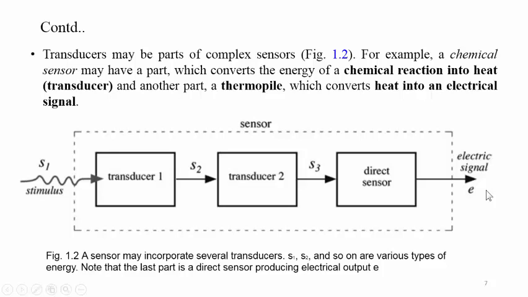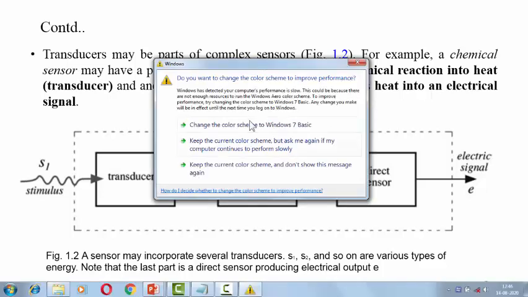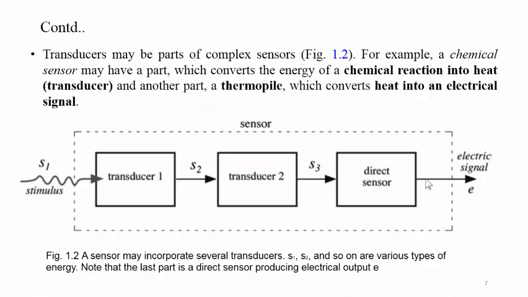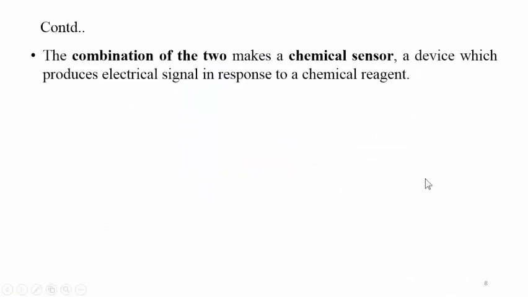So a sensor may incorporate several transducers S1, S2, S3 up to n, for various types of energy. And usually the last part of this kind of sensor is the direct sensor, which is responsible to produce the output in the form of current or voltage or simply the electrical signal.